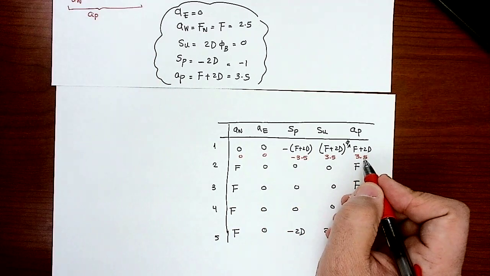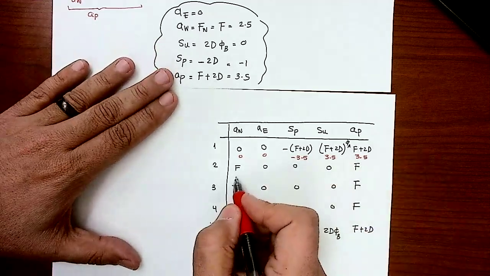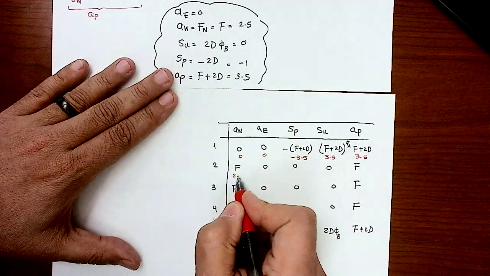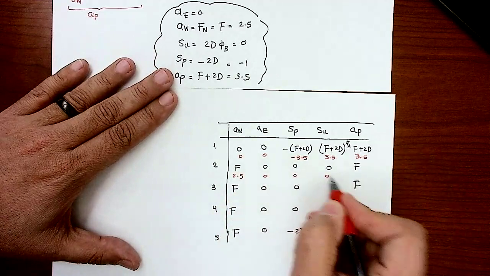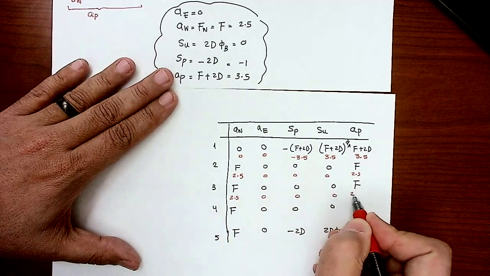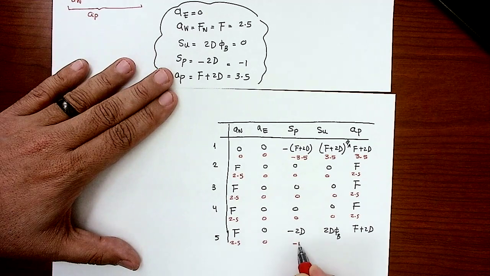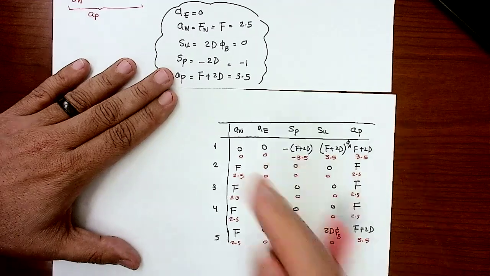I'm just double checking my numbers again to be sure that I'm doing the right things here. Yep, that's correct. Then going to the next one, it is 2.5, 0, 0, 0, 2.5, 2.5, and for the last, 0, minus 1. This is 0, and this is 3.5. So these are the values.